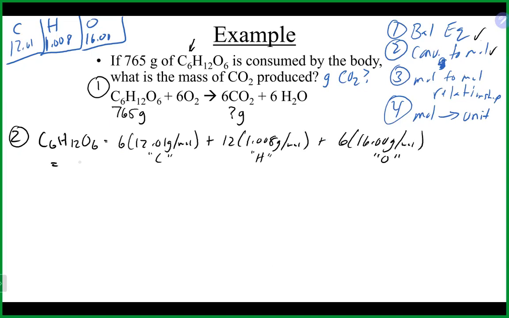Adding all that together gives us about 180.2 grams per mole, which would be our molar mass and really our conversion factor to convert from grams to moles. So that is where we will start.